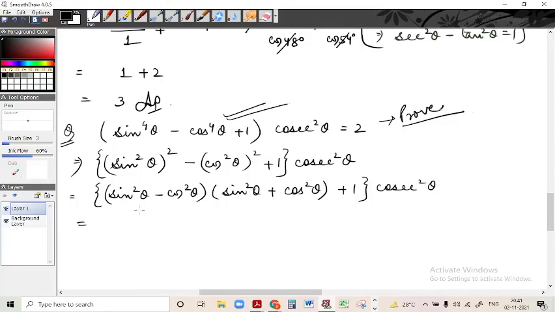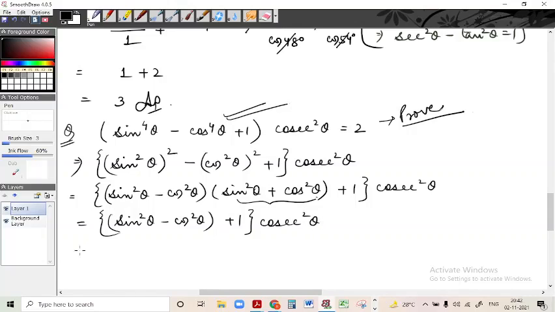This first part is going to remain as it is because we don't have any formula other than a square minus b square. This part will be equal to 1, and this is your cosec square theta.